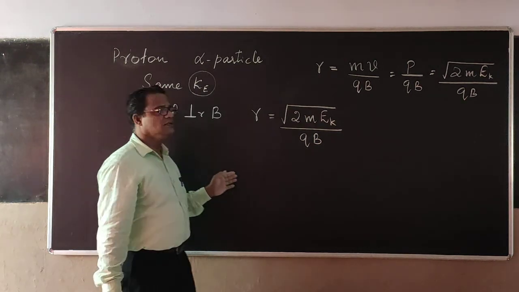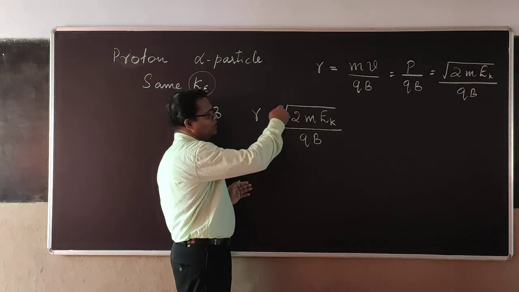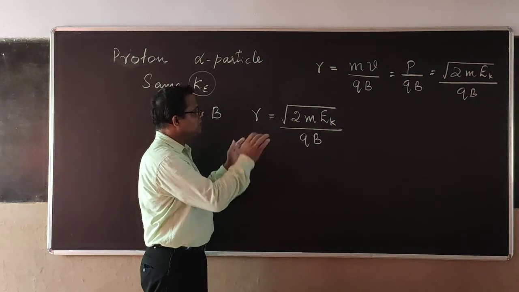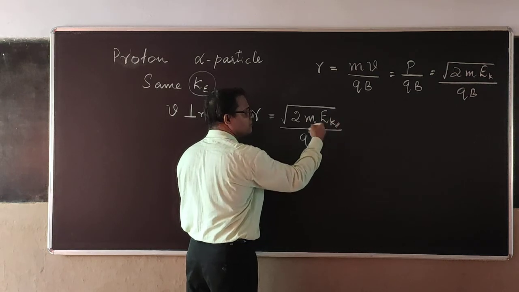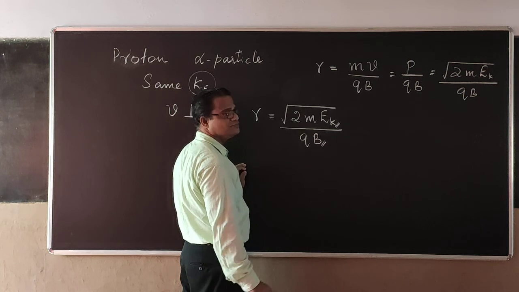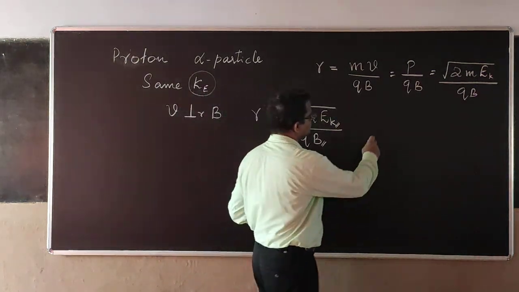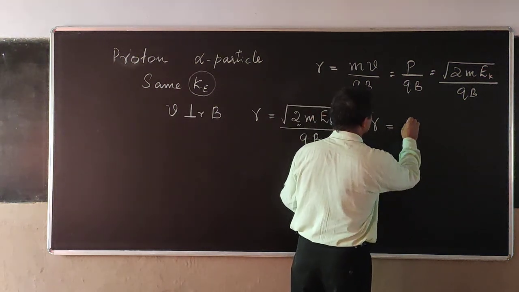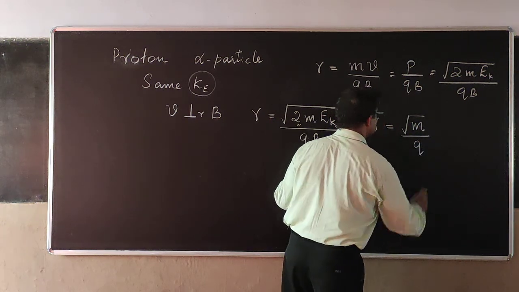Now you can see, as we are finding the ratio of the radii, the constant quantities will cancel, therefore you can remove the constant quantities from the beginning itself. Both are having the same kinetic energy and entering into the same magnetic field, then 2 is also there in both. Therefore, for solving the problem here, R is root m divided by q is enough.